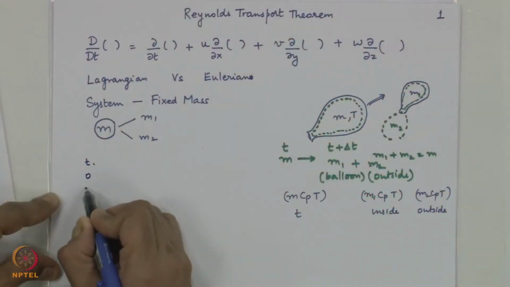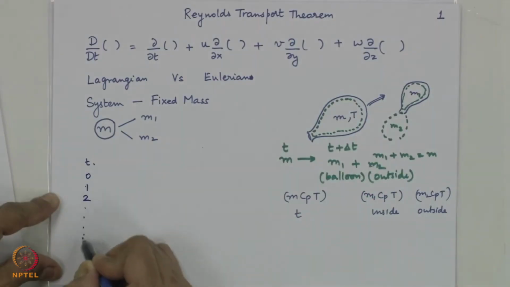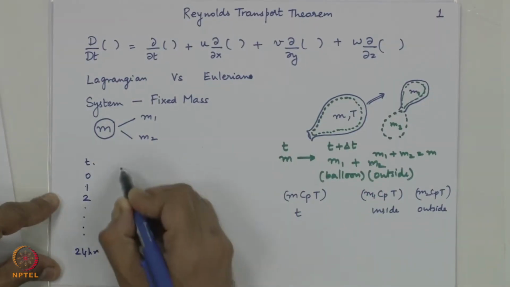It is like telling, in a class, if I have 50 students who come to a class in fluid mechanics or heat transfer, and you want to see what they do throughout the day. So, you put a chip and then you can track them. You keep a record of time t, 0, 1 minute, 2 minutes, all the way for 24 hours, and you see what they are doing.